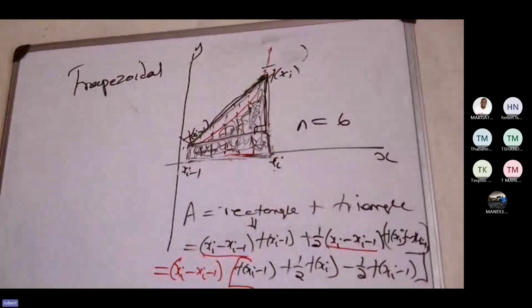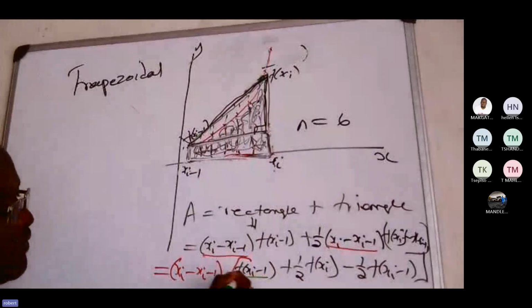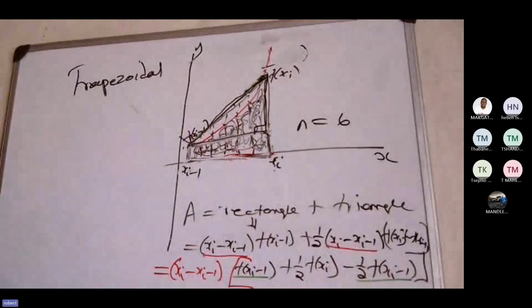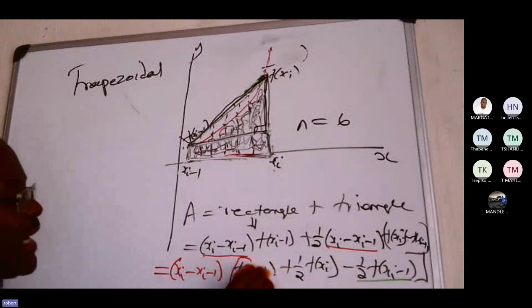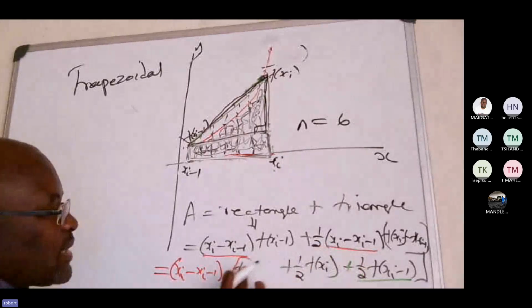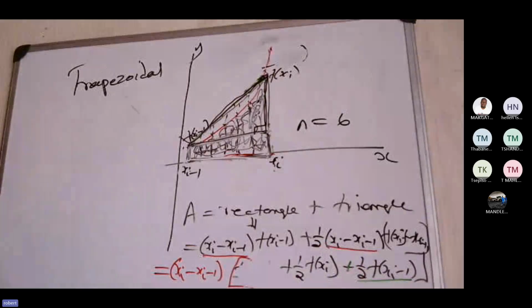Hopefully it makes sense. Then these two, f of xi and f of xi minus 1, are like terms. Therefore, one of this and minus half of this is going to give you half of this. Then let us just take this out and change this one to plus half. Please make sure that you are with us.